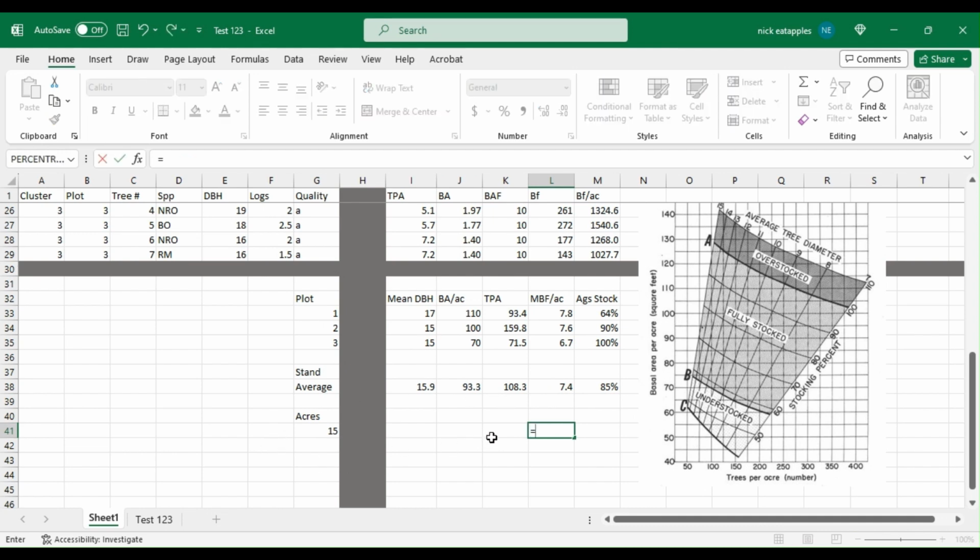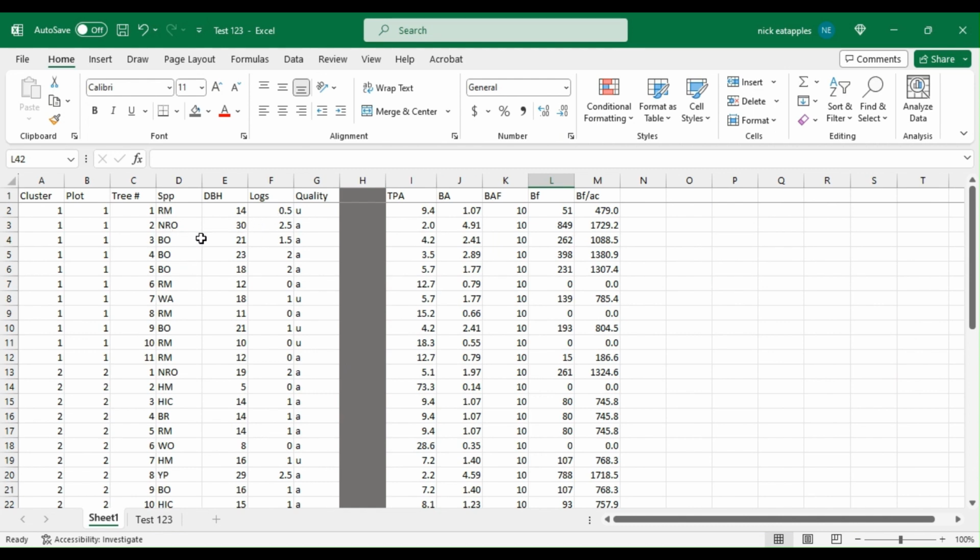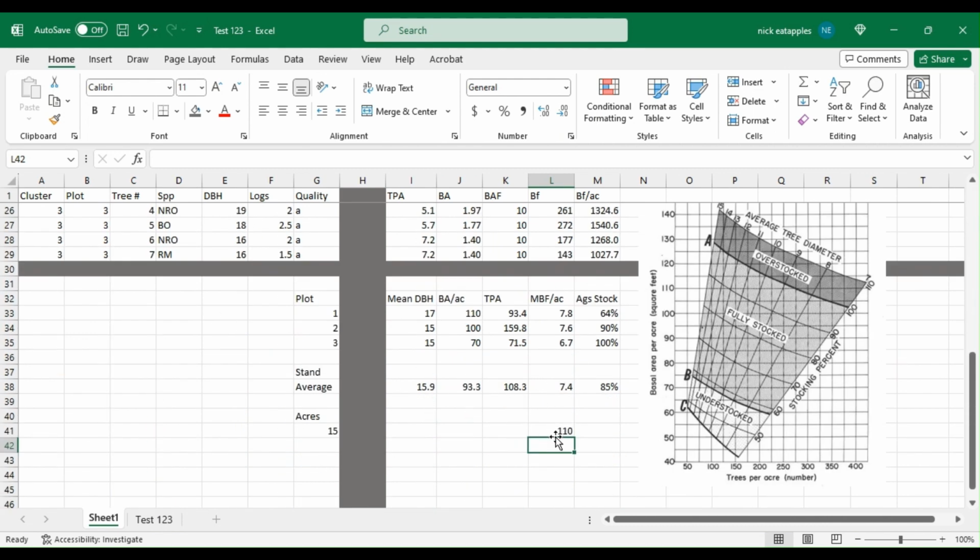Multiply that by 15. And boom, we get 100,000 board feet. Now, that's not taking into account the grade of your timber, or the species composition, or anything else like that. So that's a good number to know, but it's nothing super useful. But just for some basic, quick management stuff, it's cool to get that.